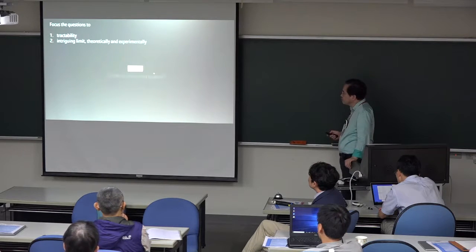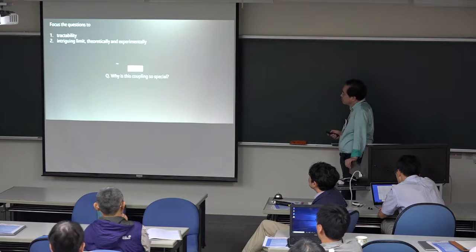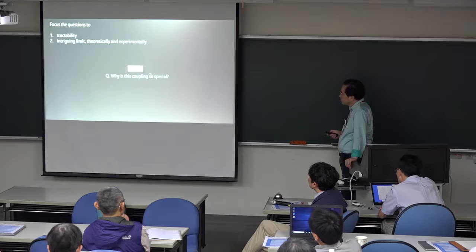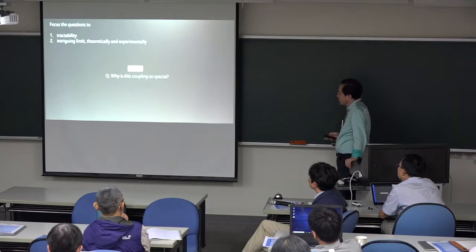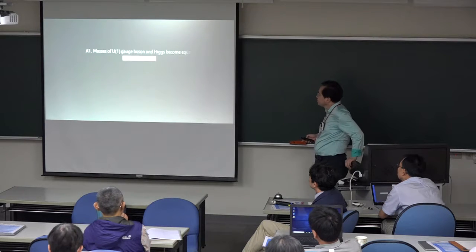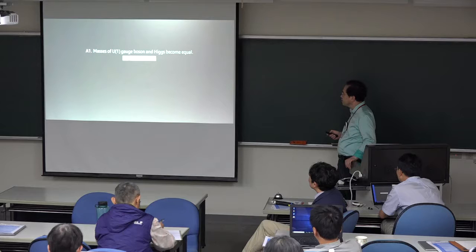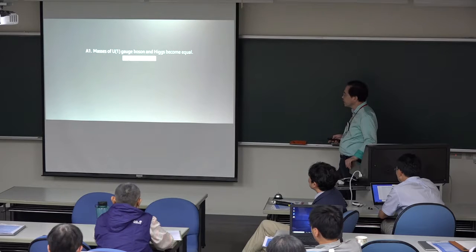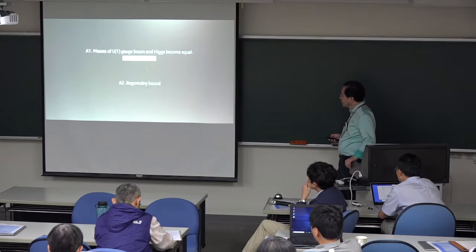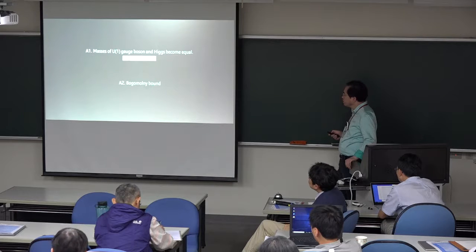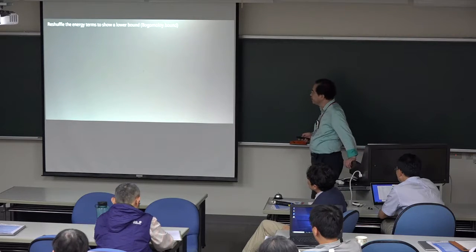So we chose this relation, which means the Higgs coupling is related to the electromagnetic coupling. At first, phenomenologically, if you check the mass of the gauge field and the Higgs boson, then they have the same mass. The second one is, under this relation, the Bogomolny bound is saturated.